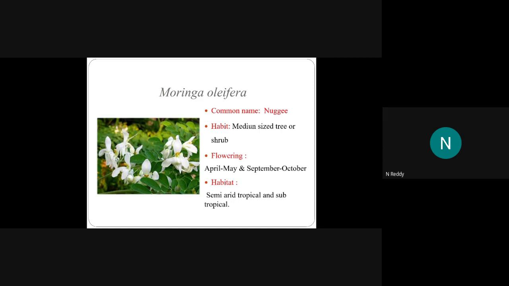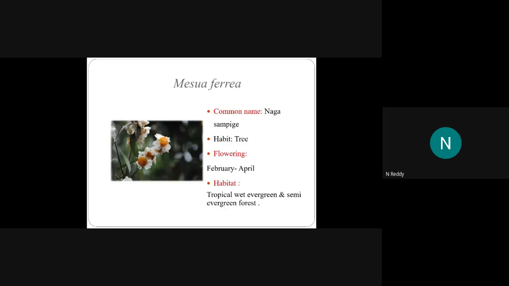We can prune it, and 45 days after a new shoot arises, it flowers. So it usually flowers after winter, from February, March, April, May, and also in September, October. It is grown in semi-arid, tropical, and subtropical regions in plains.